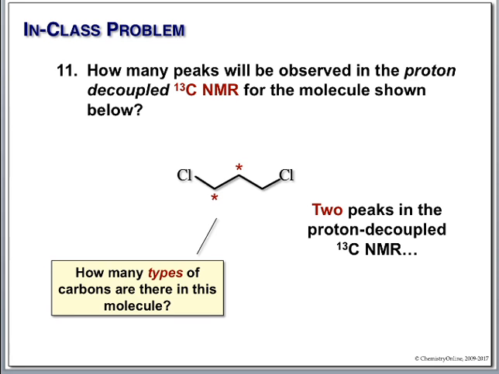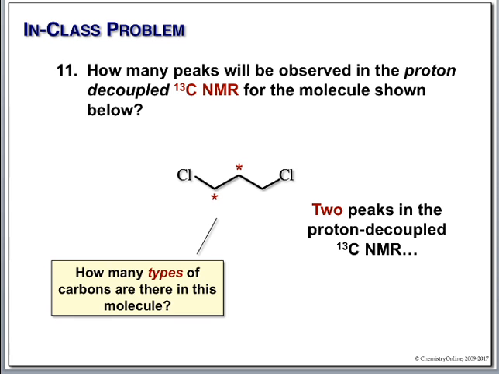This guy in the middle is also a CH2. So these hydrogens are going to be split into a triplet because they're adjacent to these two CHs. We have two CHs, which split this signal and this one into triplets. Okay?